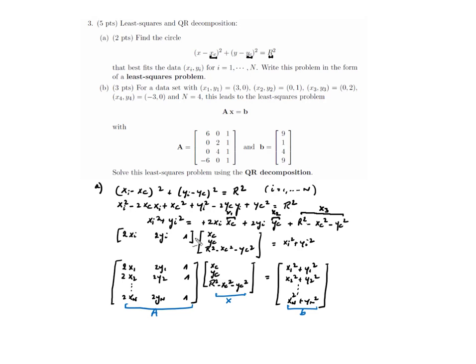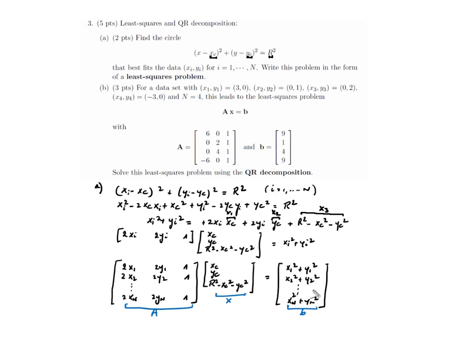So here we have written the equation for one i, but we have to do this for i ranging from 1 to n, and this will lead to the following least squares problem. Okay, you can see that they are all lines of this type where i is ranging from 1 to n.